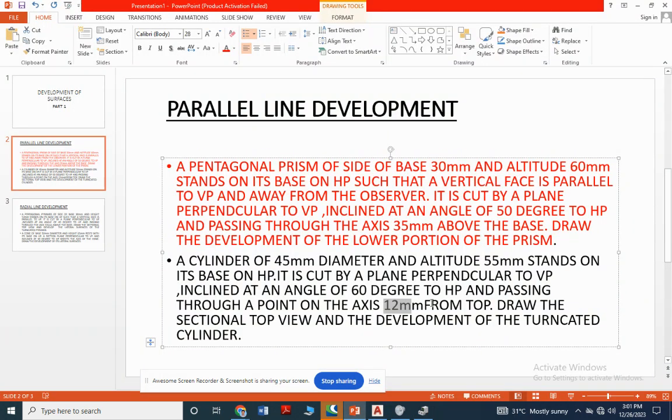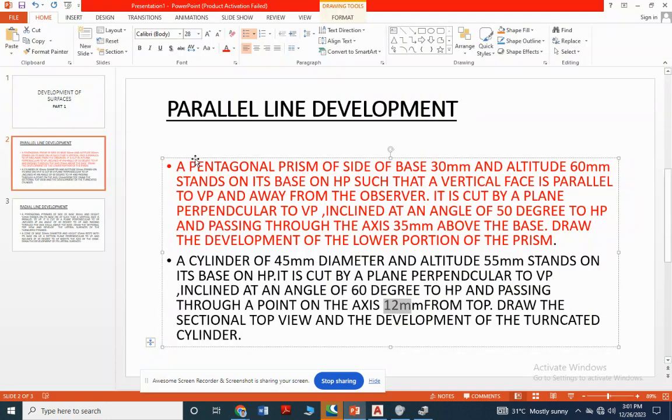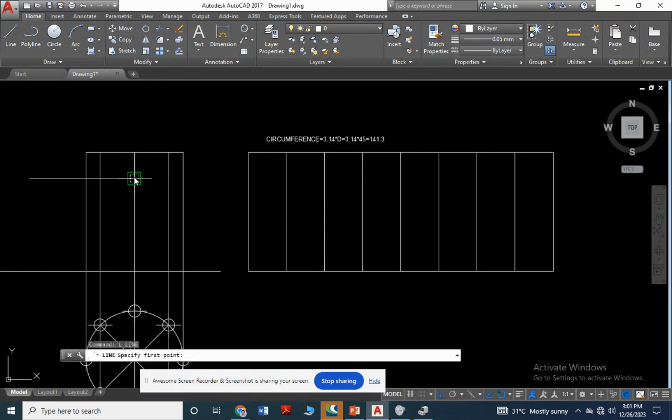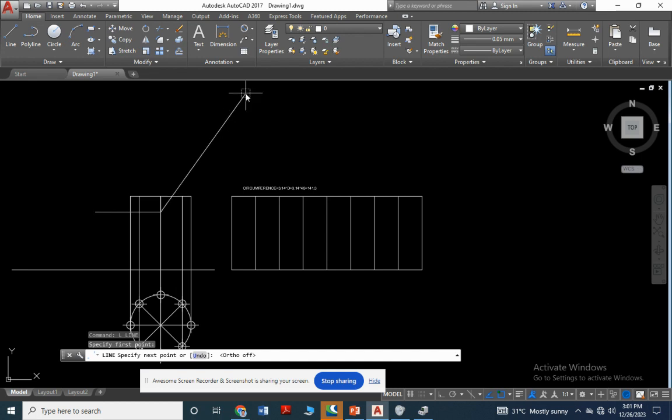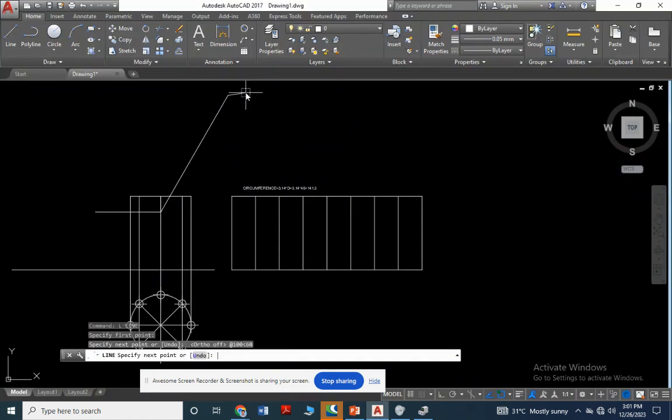Okay, now as per problem from the top, measure the 12 mm and measure the horizontal. A section plane passing through a 60-degree angle. So like to draw with ortho mode off. Okay, now say for example 100 at 60-degree.